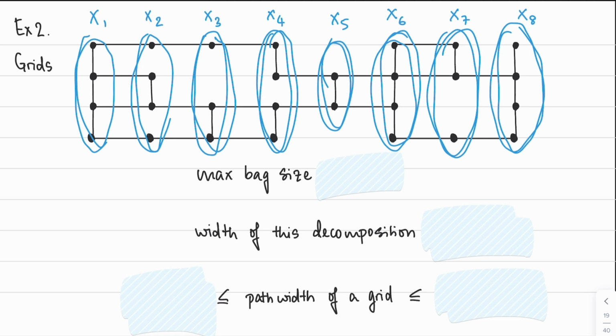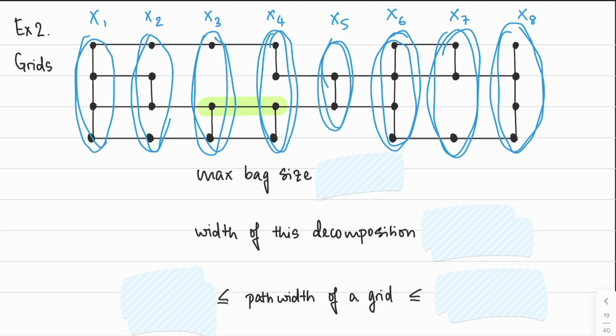So hopefully you can see that this is not a valid path decomposition, because although it satisfies both properties A and C, it fails to satisfy property B, which was the requirement that for every edge in the graph, there must be some bag that contains both the endpoints of that edge.